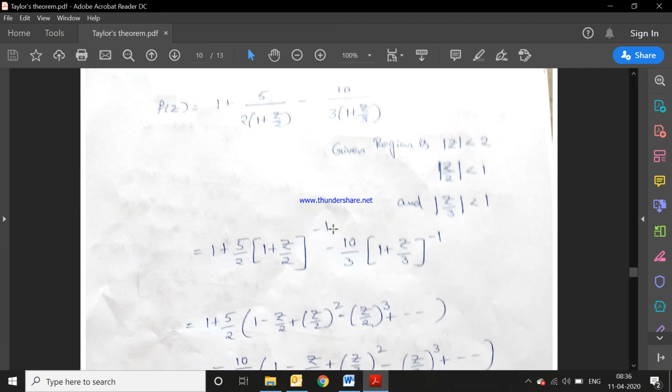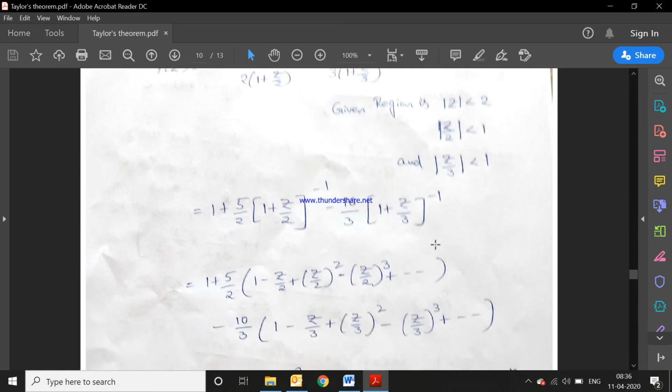So we can write the expansion: 1 plus 5 by 2 into 1 plus z by 2 whole power minus 1, minus 10 by 3 into 1 plus z by 3 whole power minus 1. So that is 1 plus 5 by 2 times the expansion for 1 plus z whole power minus 1. In the place of z, we have z by 2.